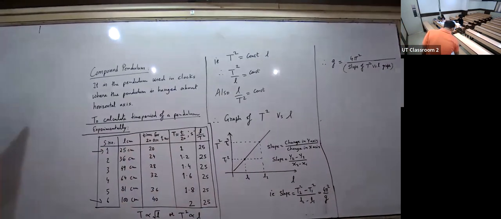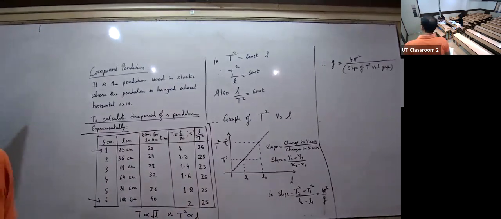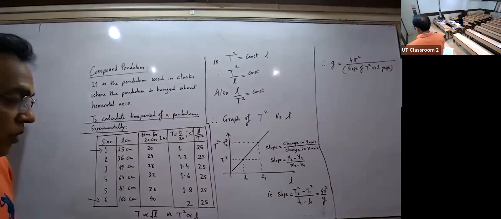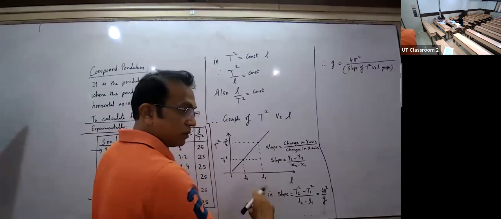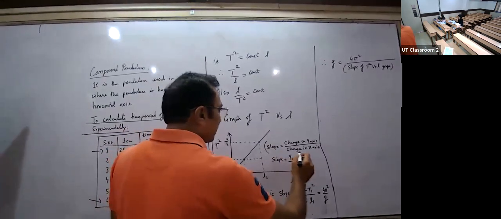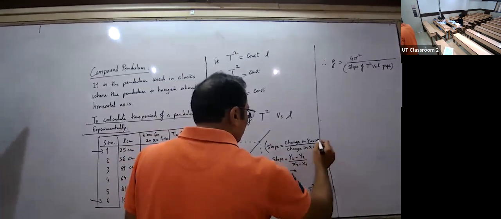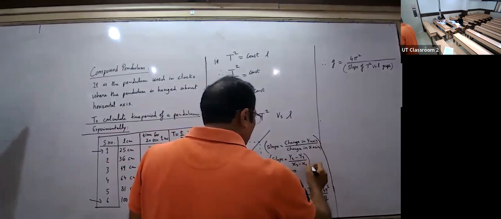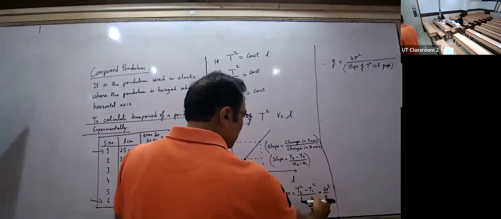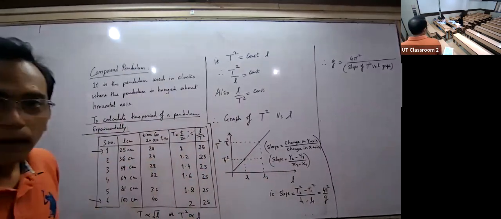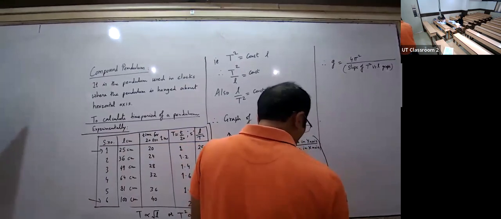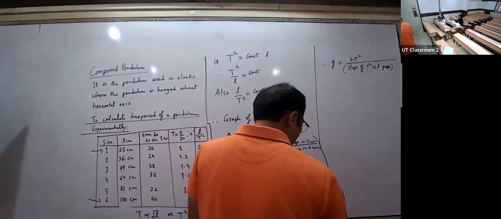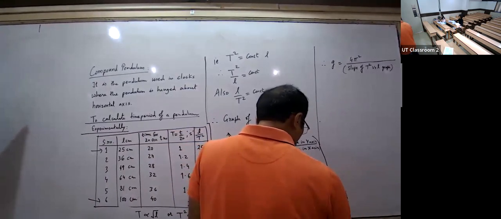Yes. Okay, what is this slope? This is slope of T square versus L graph. So graphically, I can find out what is the value of slope. Whatever is the value of slope, I will substitute in this formula. Okay, why are we saying this? This is experimental. Somebody has found it, right? Now we are using this experiment.